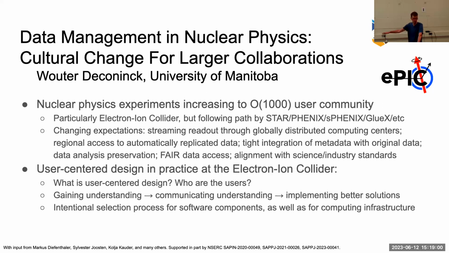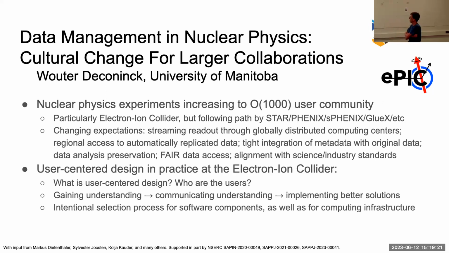I'm going to talk about nuclear physics in contrast to the high energy physics community, which already has experience with these order 1,000 people collaborations. We're getting into that area now with the EIC. So that means things are going to change for how we do software.